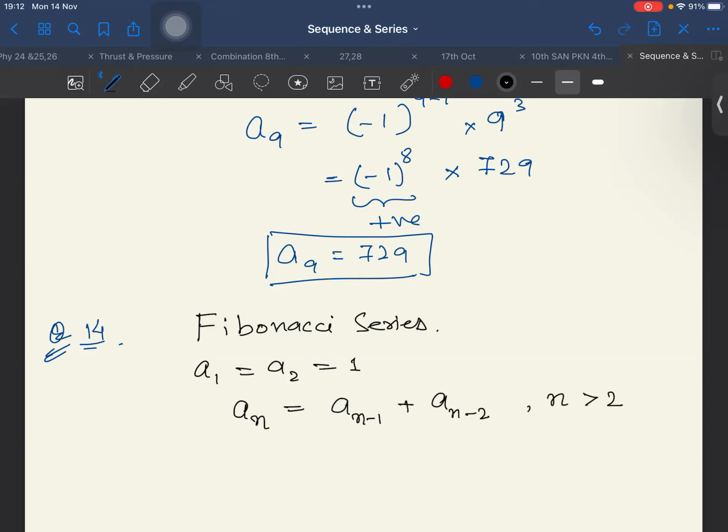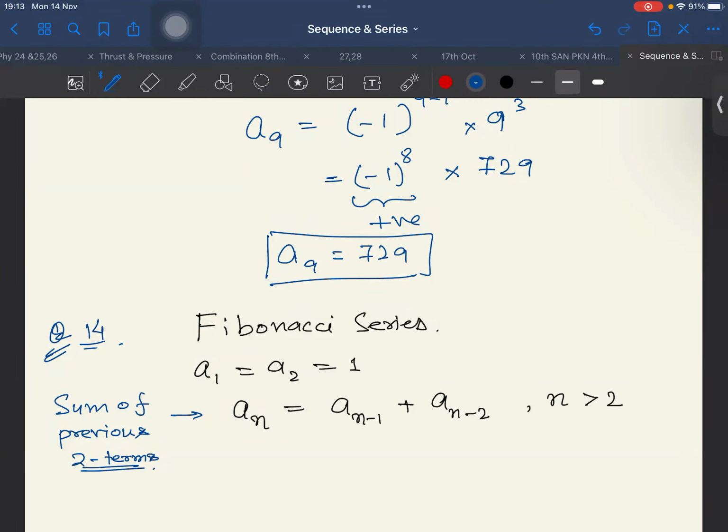That means the sum of the previous 2 terms. That is your Fibonacci series.